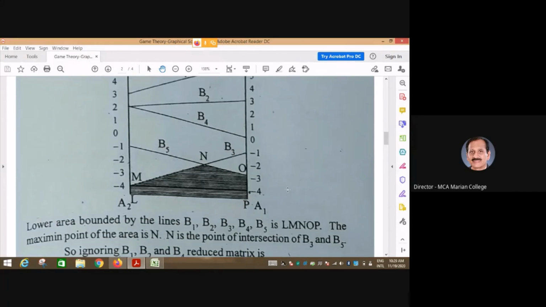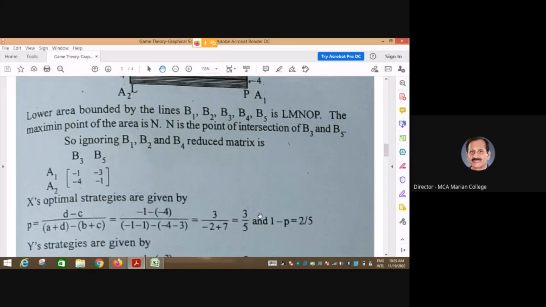You will find the lower portion, that is the minimum value, and the maximum of the minimum value you will find at the intersection point, and you consider only 2 strategies which are intersecting at that point. Then by using probabilistic method, you can find the values.